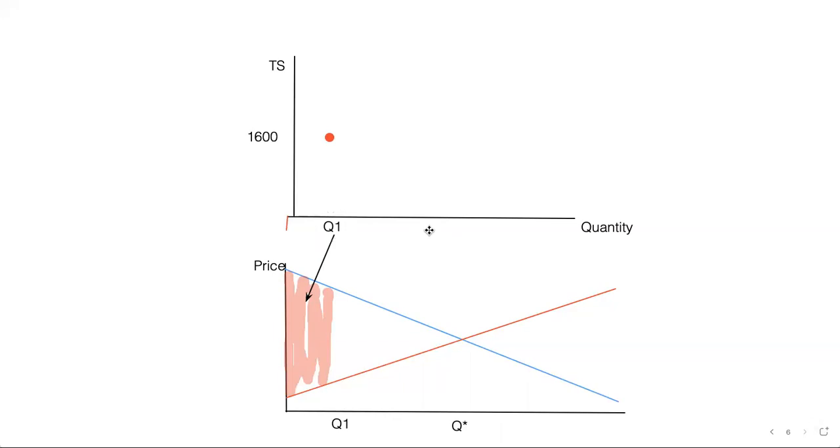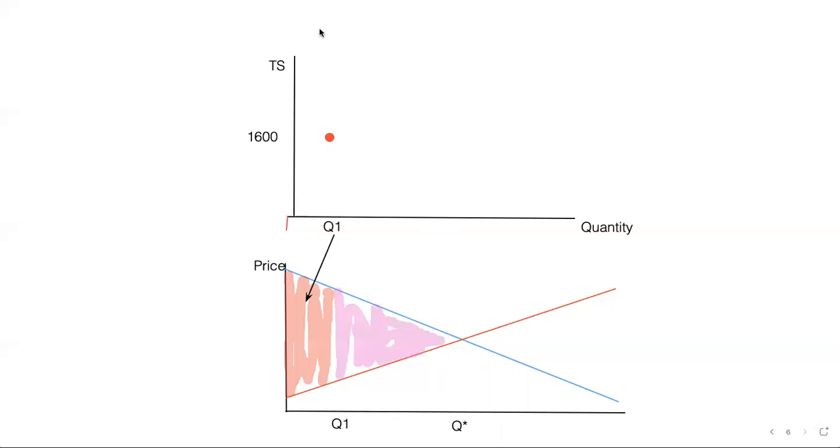And now at Q star, what I'm telling you is a pretty simple idea. If we went all the way to Q star, then it wouldn't just be the area of that red trapezoid. We'd be adding to it all of this area that makes up this big triangle to the left of Q star, right?